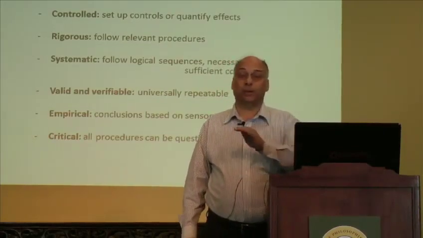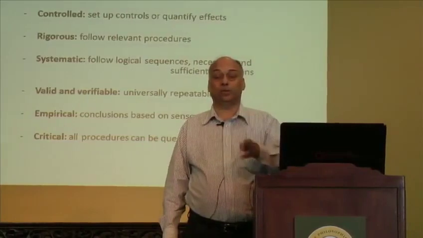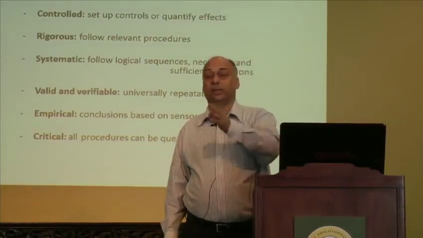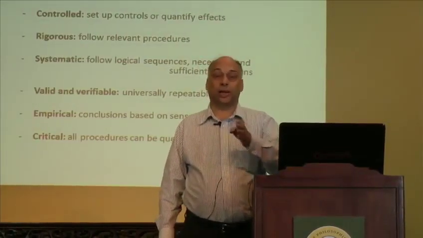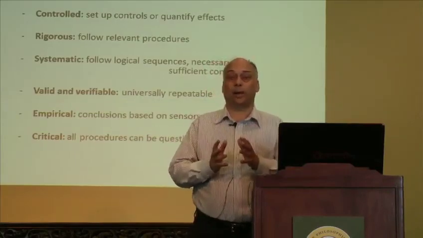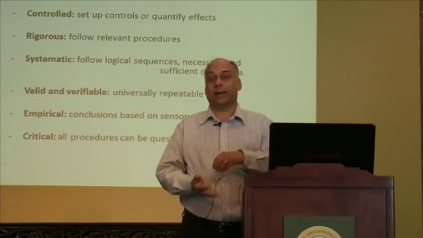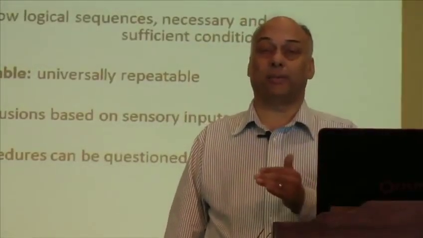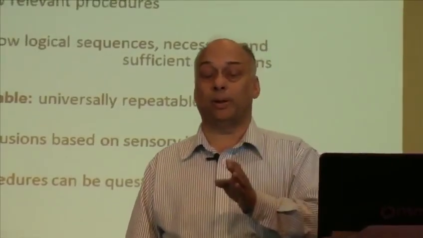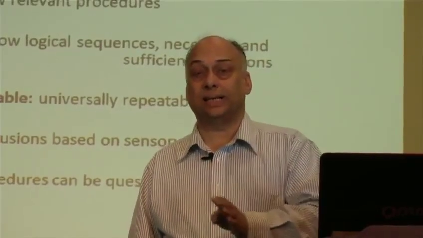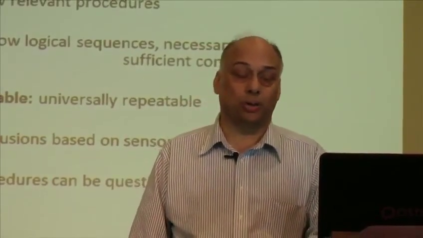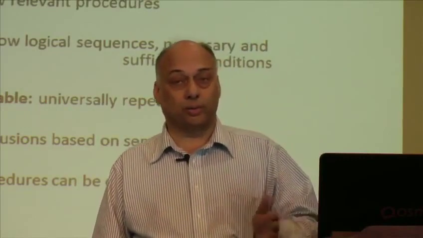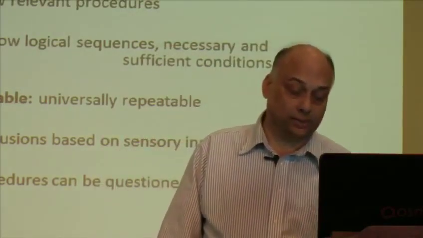All procedures can be questioned, and they can be questioned on the grounds of necessity and sufficiency, so that they are whittled away, and what remains at the end has to be verifiable. And this validity or verifiability will ultimately determine whether it stands the test of criticism or not. So all research must be criticizable.